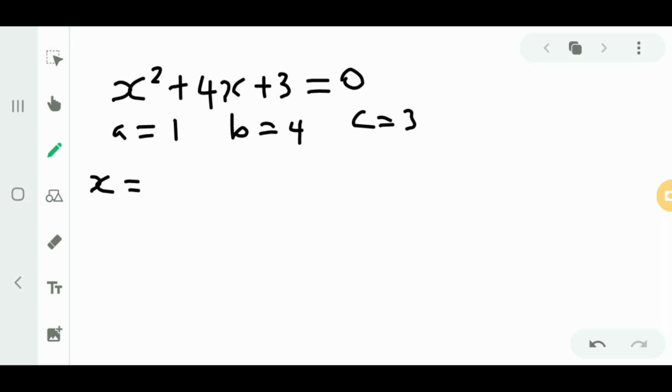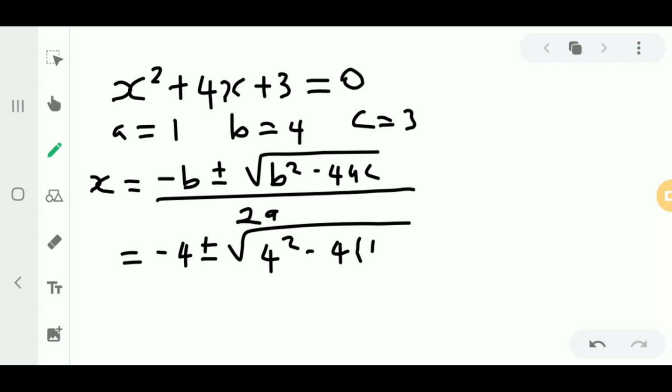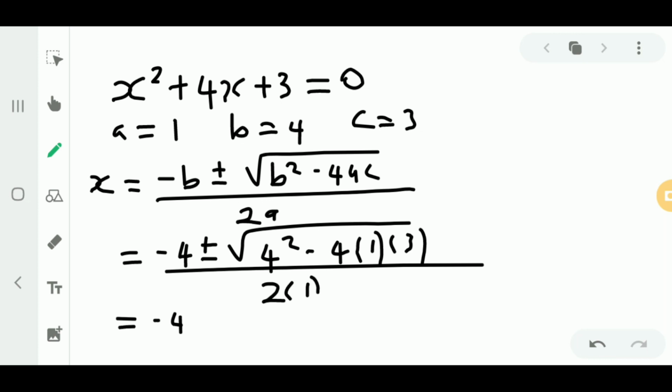So x equal minus 4 plus or minus the square root of 4 squared minus 4 times 1 times 3 all over 2 times 1. So you have minus 4 plus or minus square root of 16 minus 4 times 3, which is 12, all over 2.